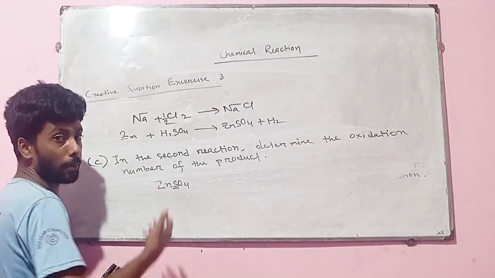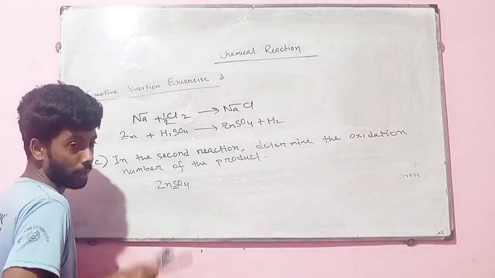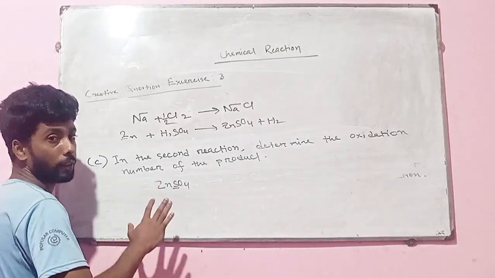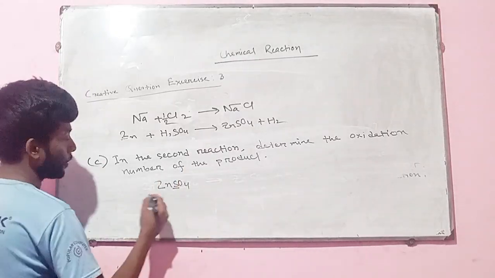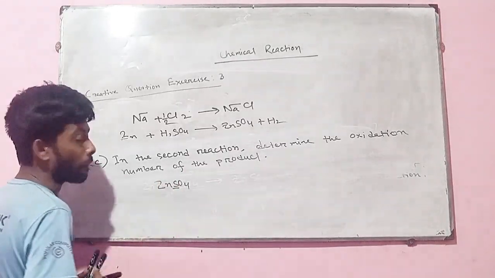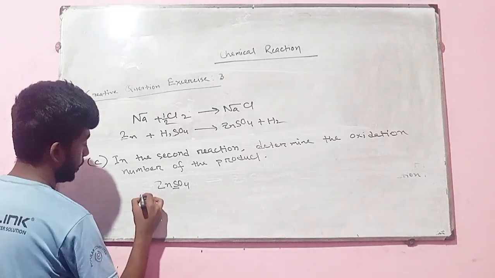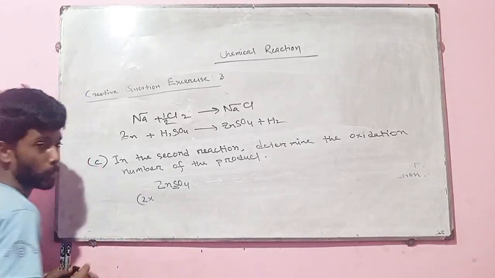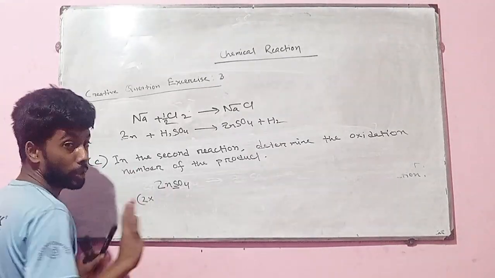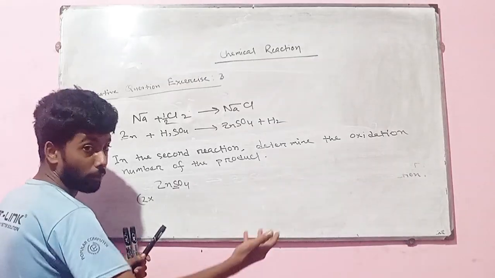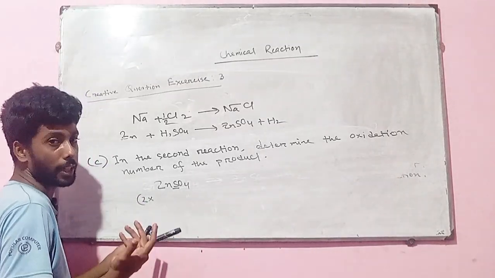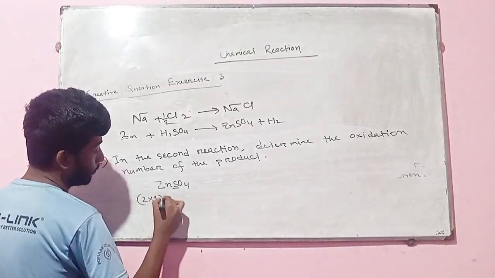We don't know in this compound what the value will be, so we'll have to define the other oxidation numbers. We know the oxidation number of zinc is +2, so just place +2 on its atom. There is no number on the right side of zinc, so we can obviously take it as 1 plus.